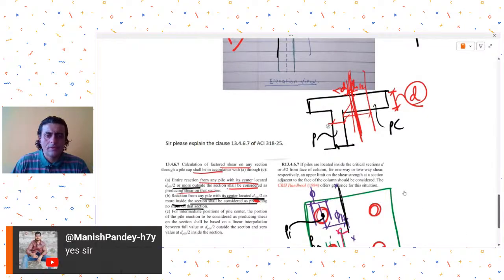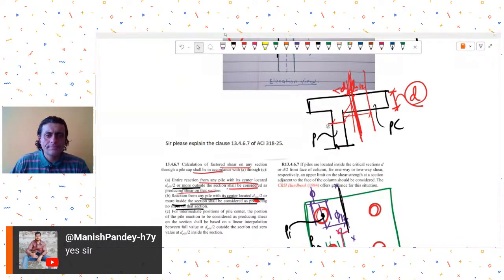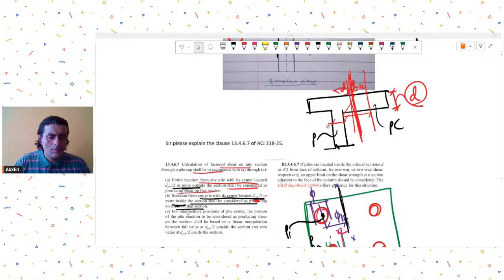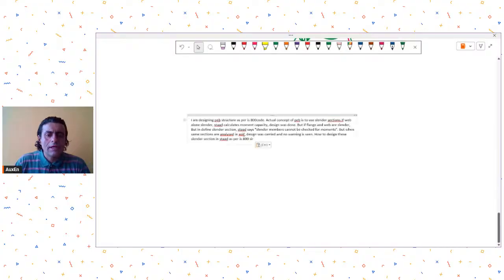Yes. Okay, good. Moving on, the next question is from engineer Dinesh. He is a working professional from Tamil Nadu, and he is asking: I am designing a PEB structure as per IS 800 code.